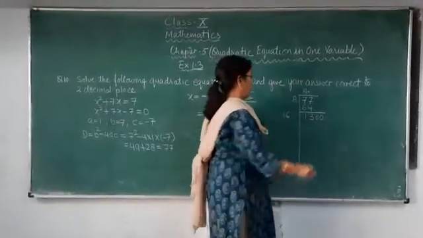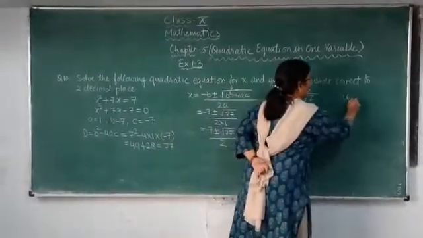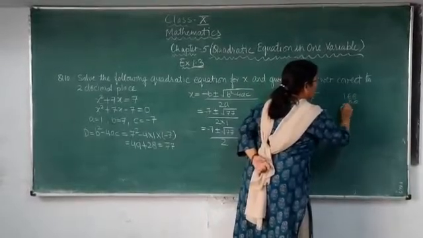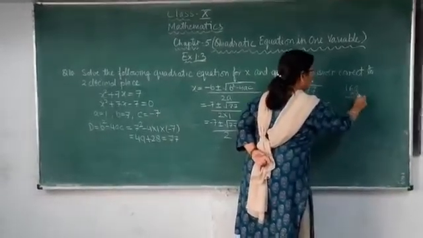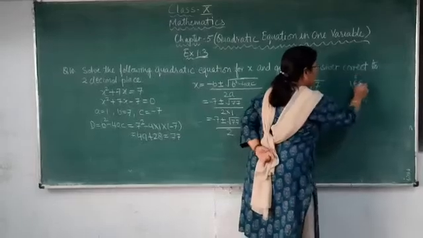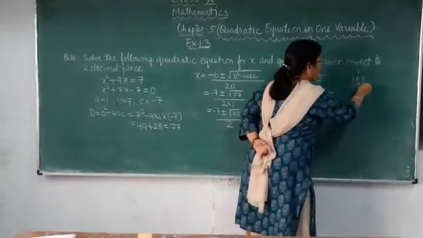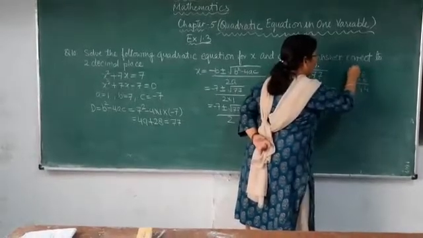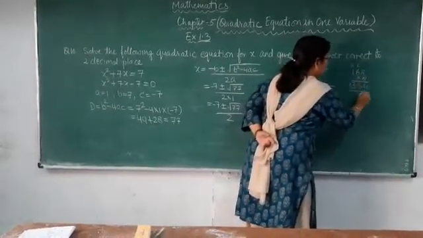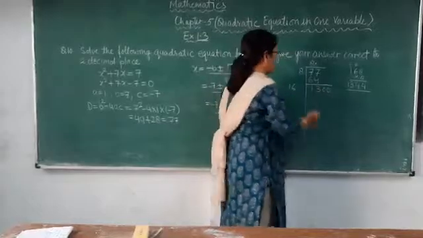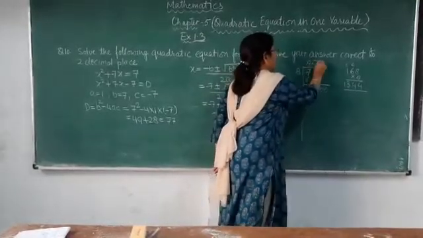So we will try 8. 8 8s are 64, carry 6, 8 6s are 48 and 6 is 54, carry 5, 8 1 is 8 and 5 is 13. This is more than 1300, so we have to take 7 over here.